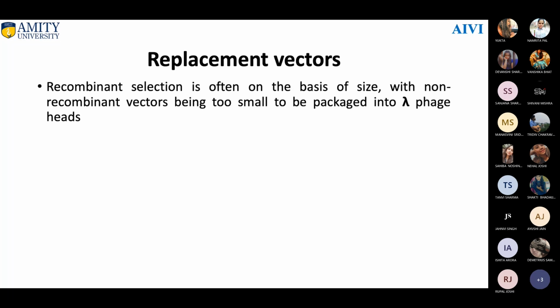Recombinant selection is often based on size, with non-recombinant vectors being too small to be packaged into the lambda phage head. So you don't need selection by a marker gene type of thing.